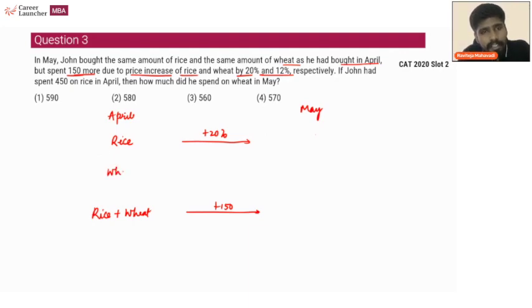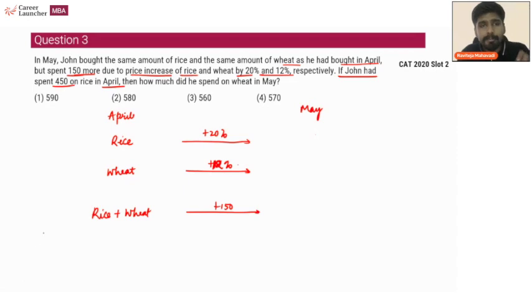Whatever he must have spent on wheat must have increased by 12%, and you will get your value in May. If John had spent 450 on rice in April, how much did he spend on wheat in May is the question.